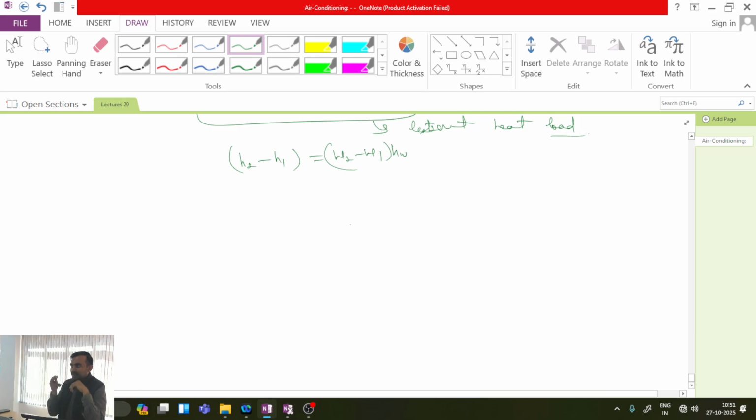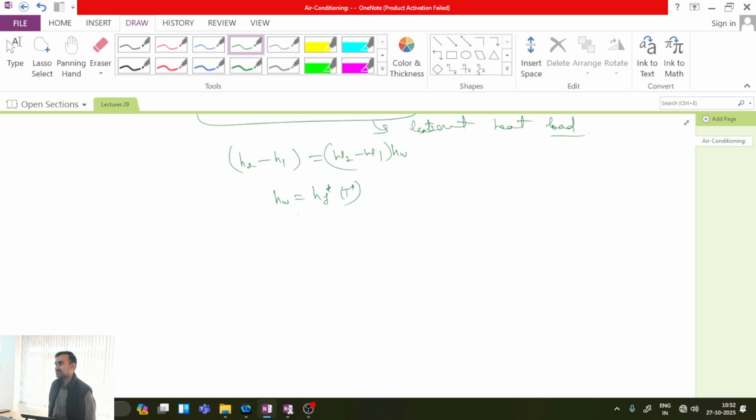And I told you that makeup water we typically supply at wet bulb temperature only. Is this point clear? That water was being supplied at enthalpy HF star, which was nothing but the enthalpy of liquid water corresponding to temperature T star, my wet bulb temperature.